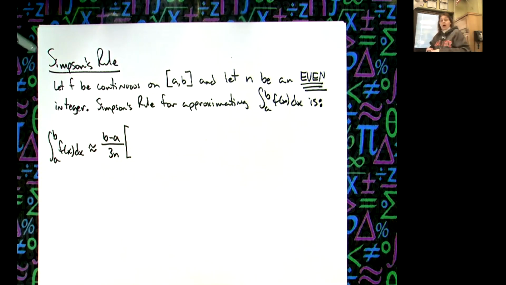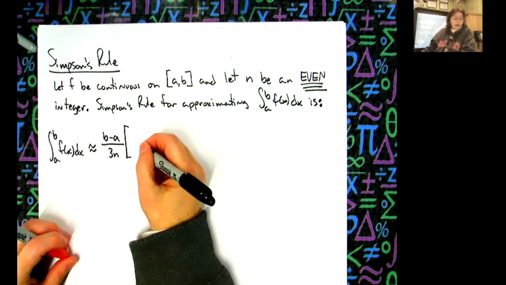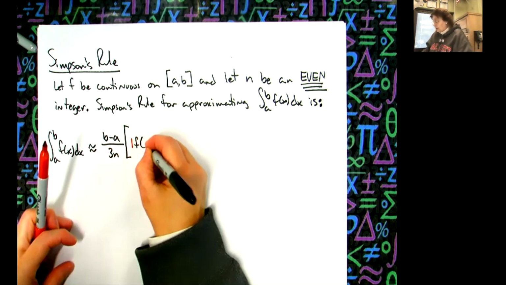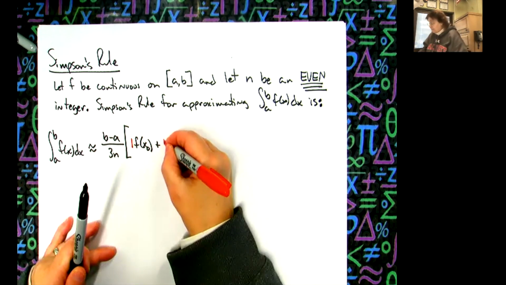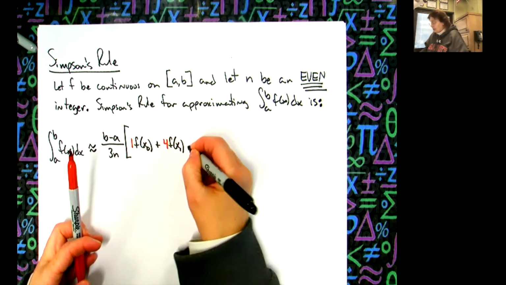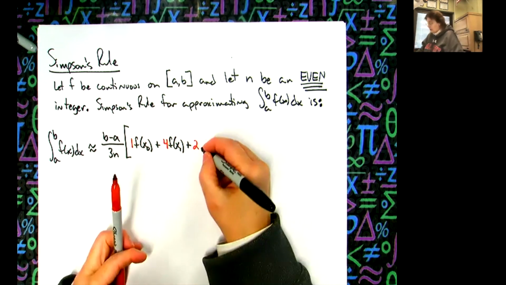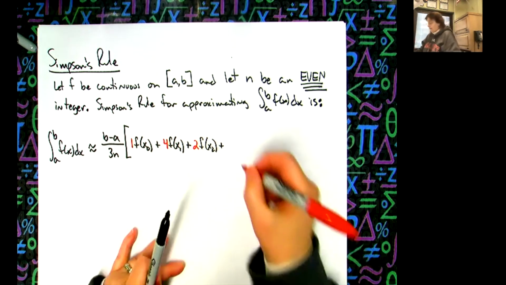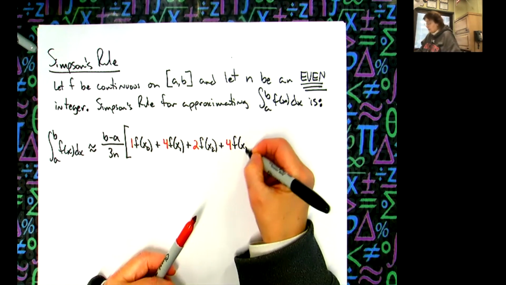Now again, I'm going to color code this for you. I want you to watch the coefficients here. I'm going to have 1 f of x sub 0 plus 4 f of x sub 1 plus 2 f of x sub 2 plus 4 f of x sub 3.